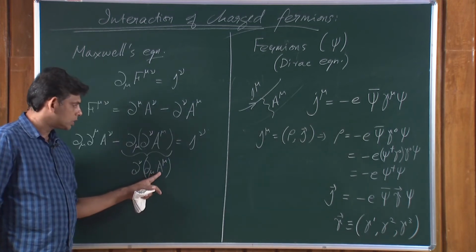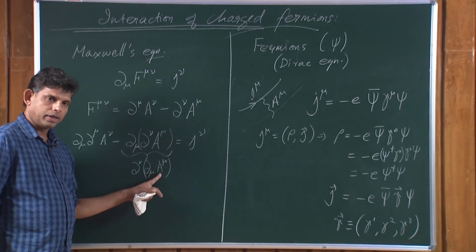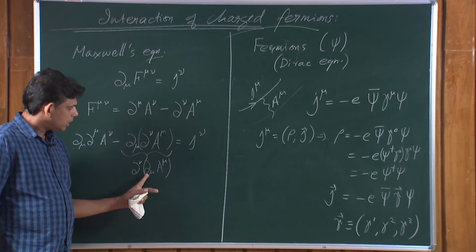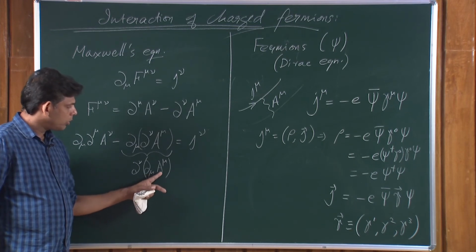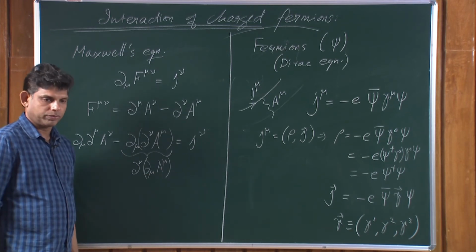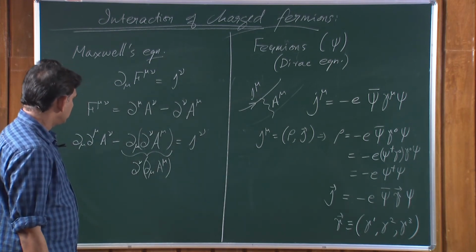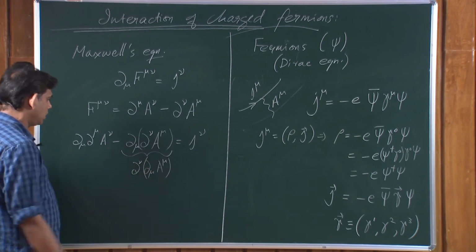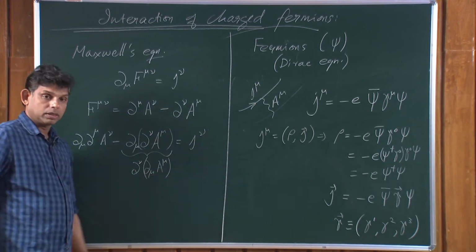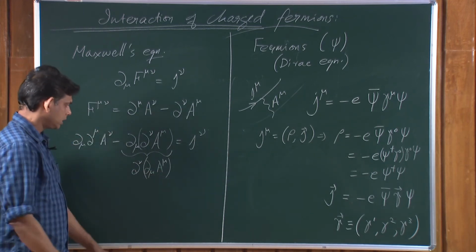We can choose this A so that dou mu A mu is 0 always. Okay. So, this is something which we will assume now, or rather it is something which we had discussed earlier.